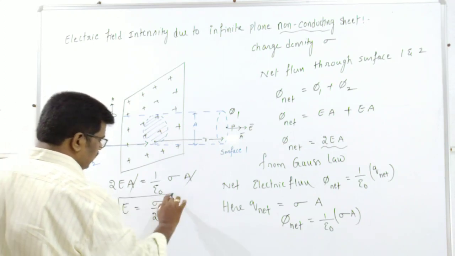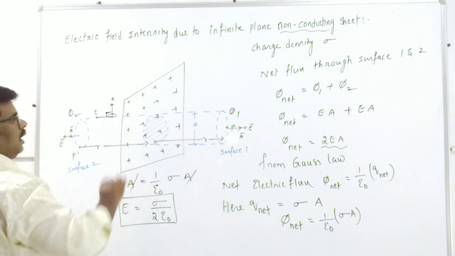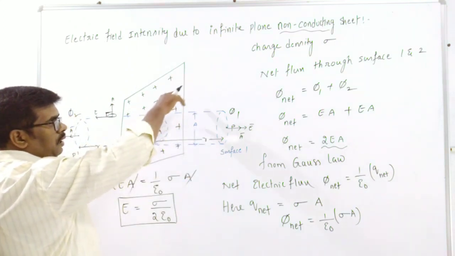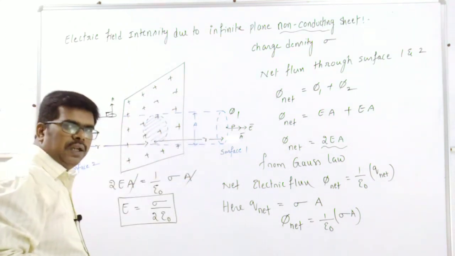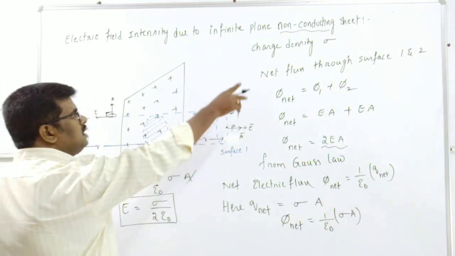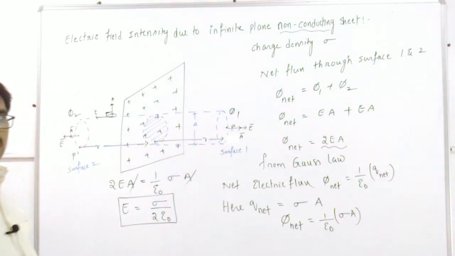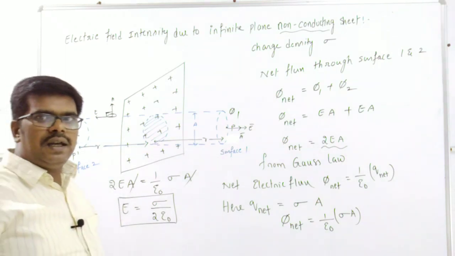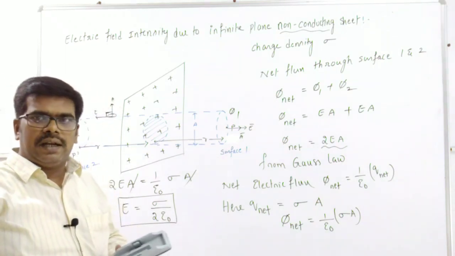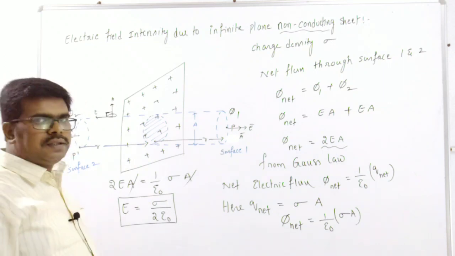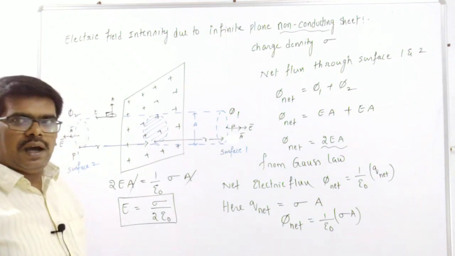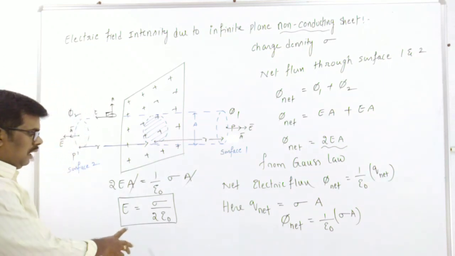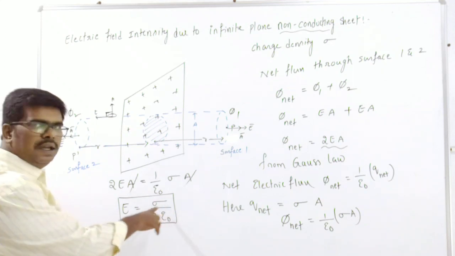This is the electric field intensity due to what? A non-conducting infinite plane sheet, which has charge density sigma. You observe this expression: in the previous expressions for the cylindrical case as well as the linearly charged conductor case, the electric field intensity depends upon the distance r. But if you observe here, the electric field intensity is independent of the distance.